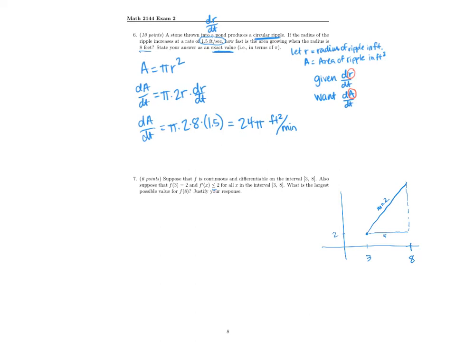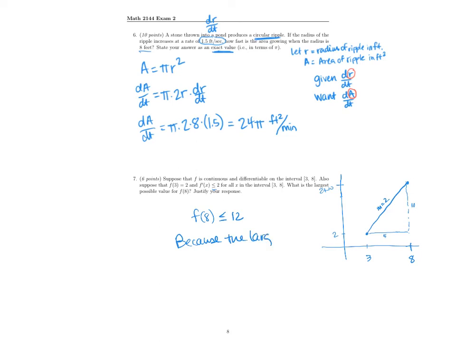If the slope is 2, then if I go over 5, I'm going to go up 10 units. So the largest possible value is going to be 2 plus 10. I'm already at the y value 2, but I'm adding 10 more. So f of 8 is less than or equal to 12.